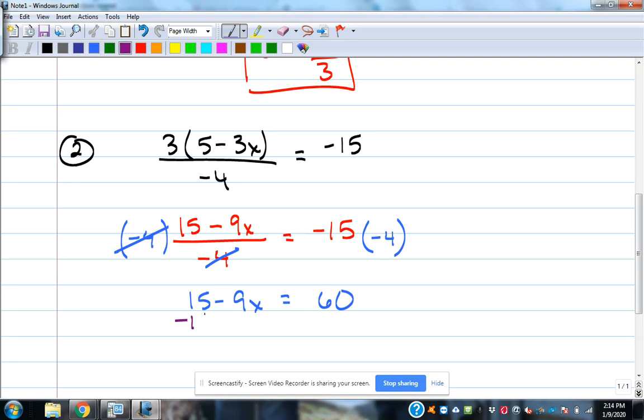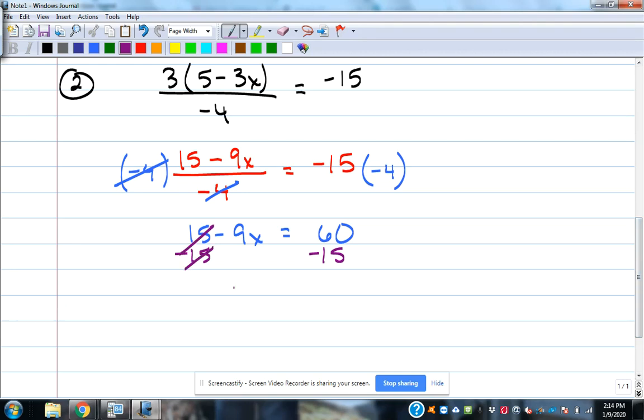Move the 15 by subtraction. Negative 9x is equal to 45. And divide by that negative 9 is negative 5. Final.